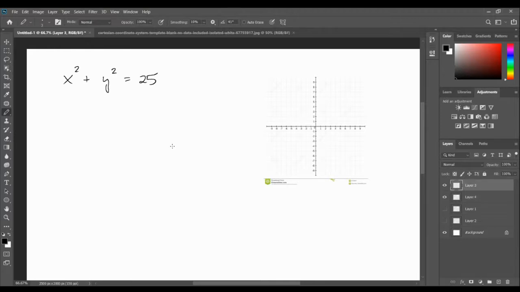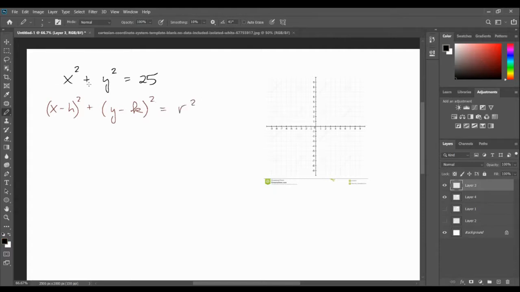So if I'm graphing this particular equation, recall that our standard equation was x minus h squared plus y minus k squared equals r squared.